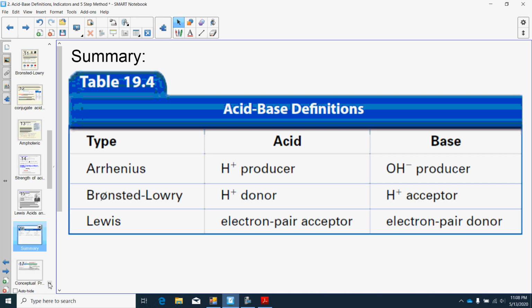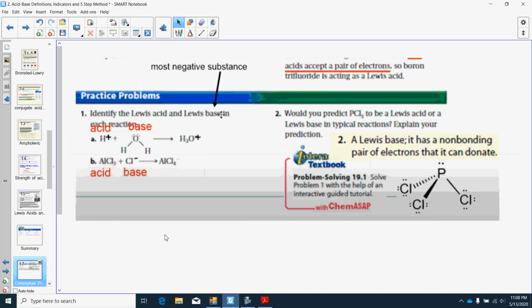So quickly, if you look at Lewis diagrams, this is the best way to think about it, okay? Identify the Lewis acid and the Lewis base. If you remember that a Lewis base is the one that's more negative, so if you can find the most negative substance in your reaction, that's your base, the other one's your acid.